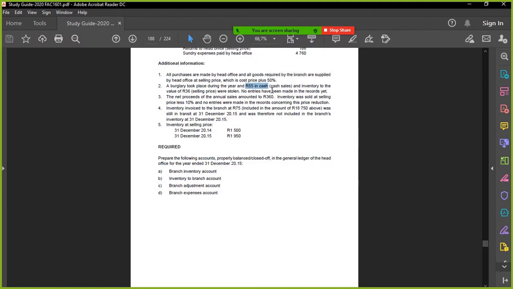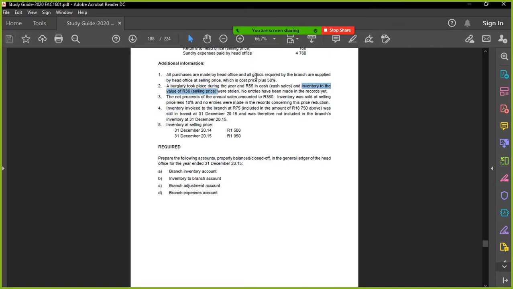That makes sense. I get what you're saying. So this 55 Rand to me looks like cash sales that they didn't record, and then the burglary was only for the inventory.